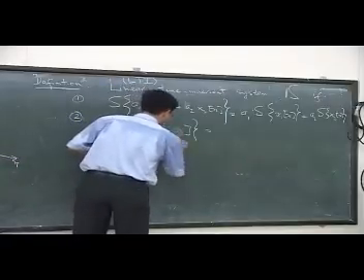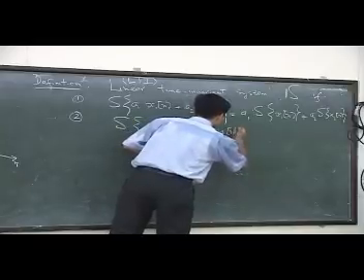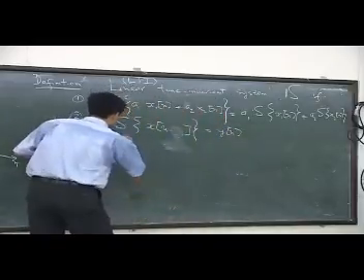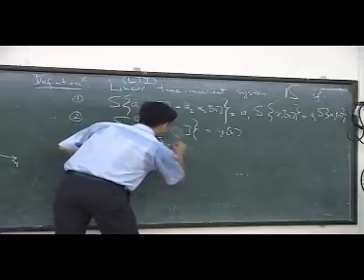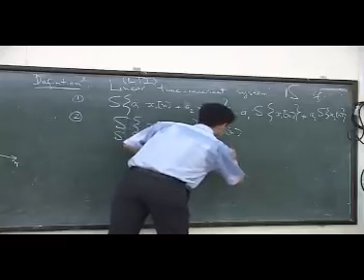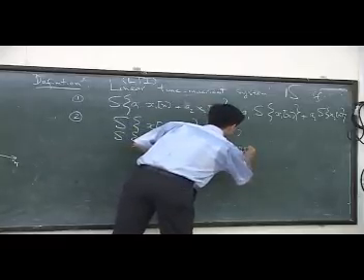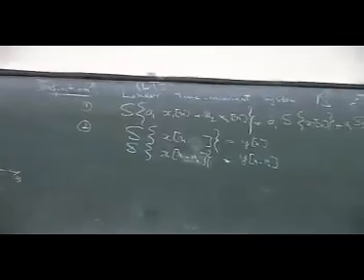Let us assume that I have y of n here. Then the output is simply y of n minus n naught.